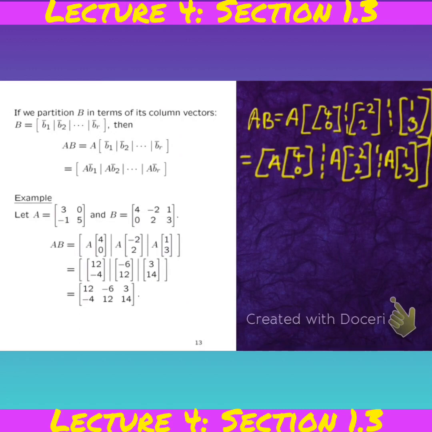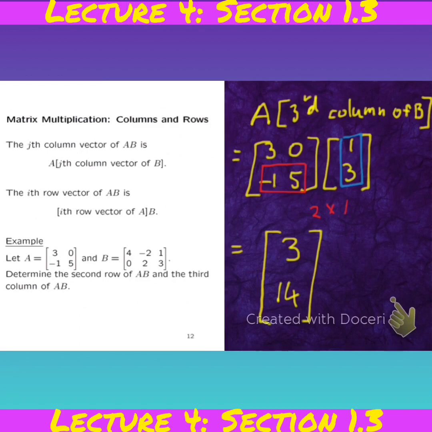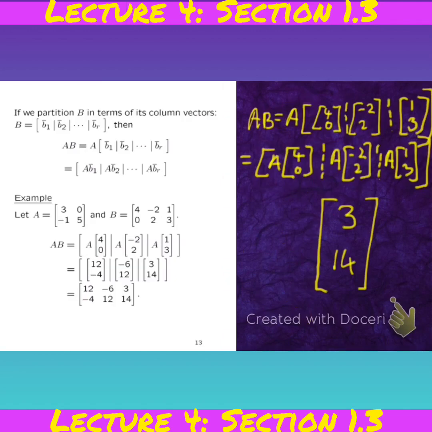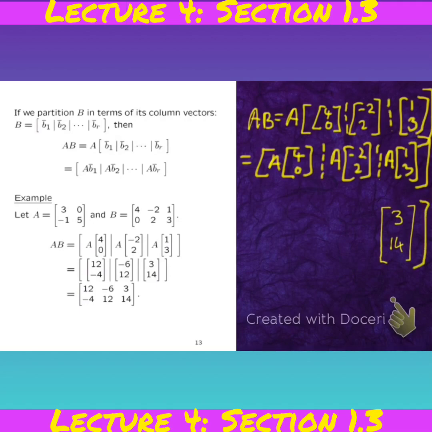Now from the previous example, we already calculated A multiplied by the third column of B, so there we've got our final column. And you can go and calculate A multiplied by minus 2, 2 as an exercise, and you should get minus 6, 12.